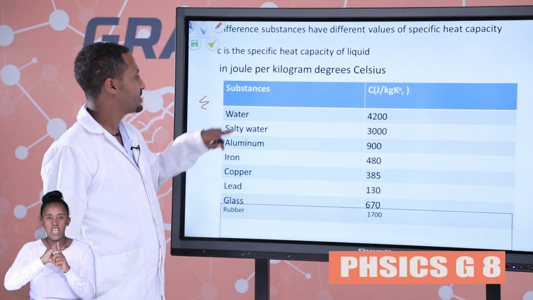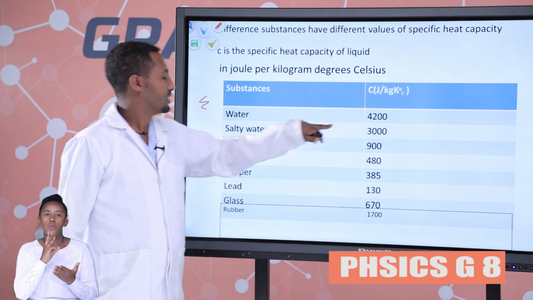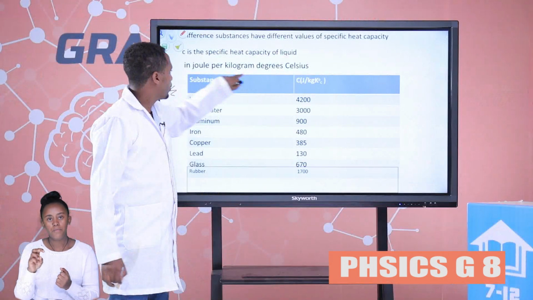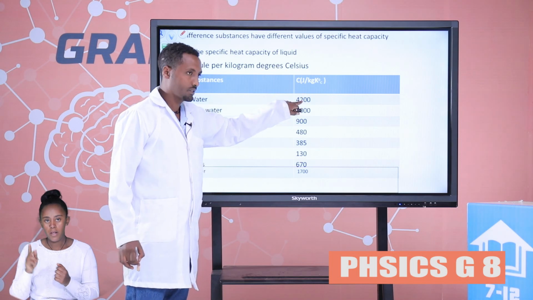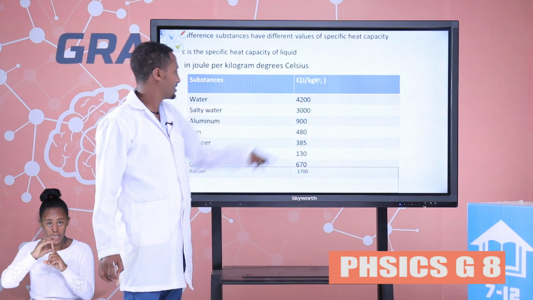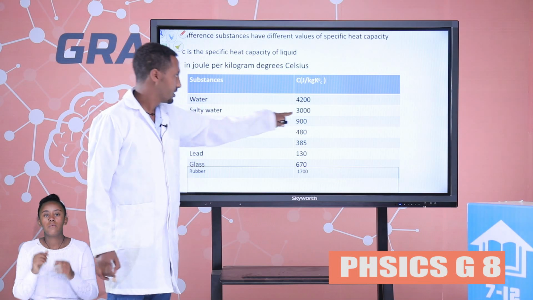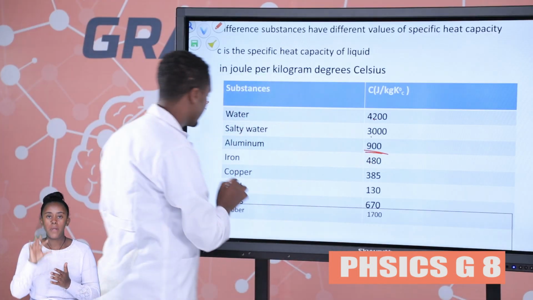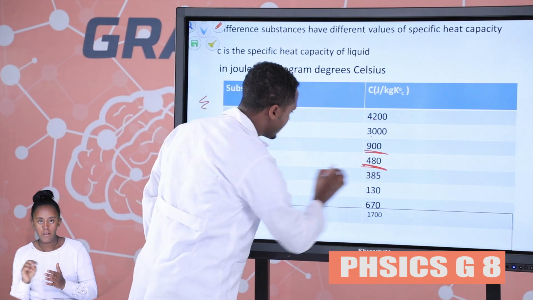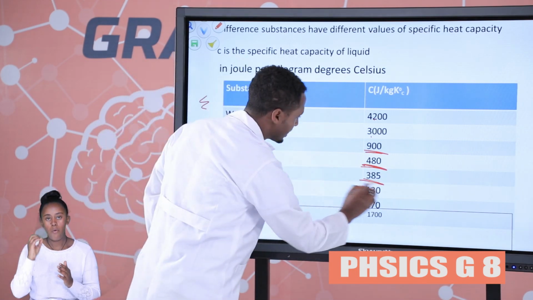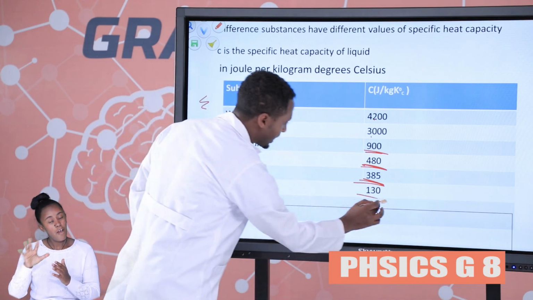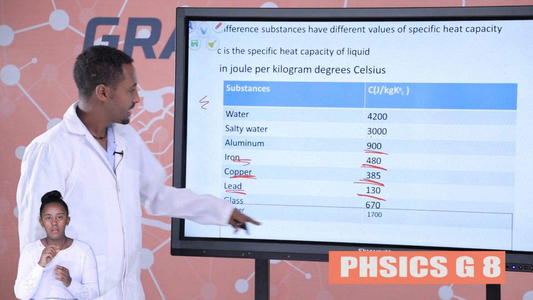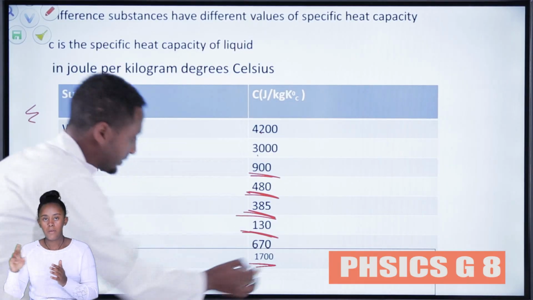Water is 4,200 joule per kilogram degree Celsius, salty water 3,000, aluminum 900, iron 480, copper 335, lead 130, glass 670, rubber 1700.